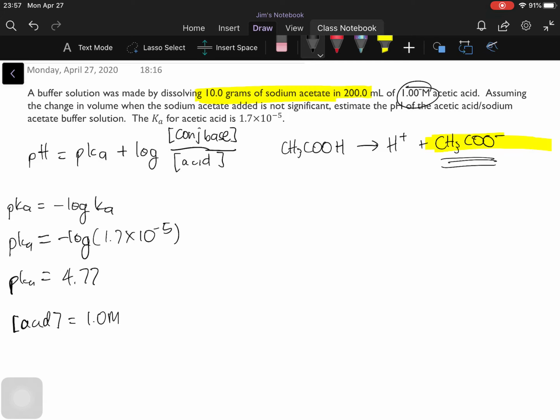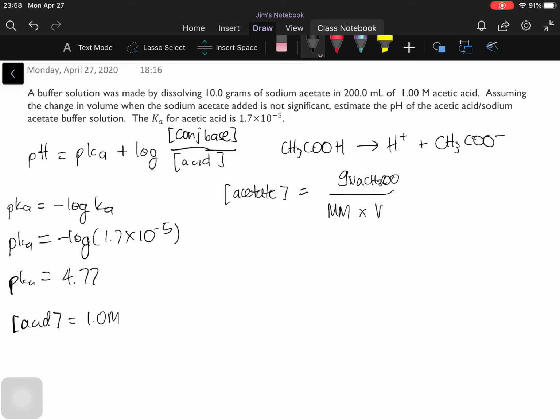In order for us to get the concentration of this, we have to solve for the concentration of sodium acetate in our solution. So we're going to solve for the concentration of the acetate, or the conjugate base, in molarity. That is the grams of sodium acetate over its molar mass times the volume of the sodium acetate solution in liters.